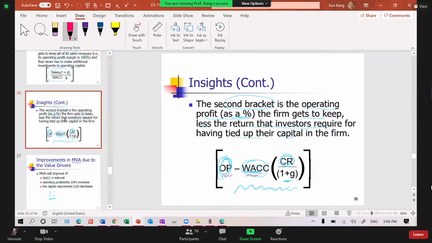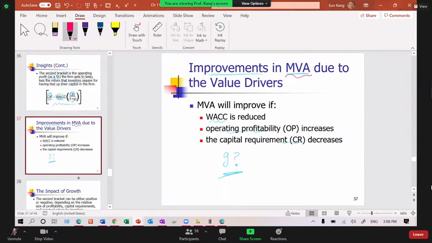WACC is low, so it's minus, and MBA will be higher. And if capital requirement is low, you subtract low numbers, so it will be higher, right?